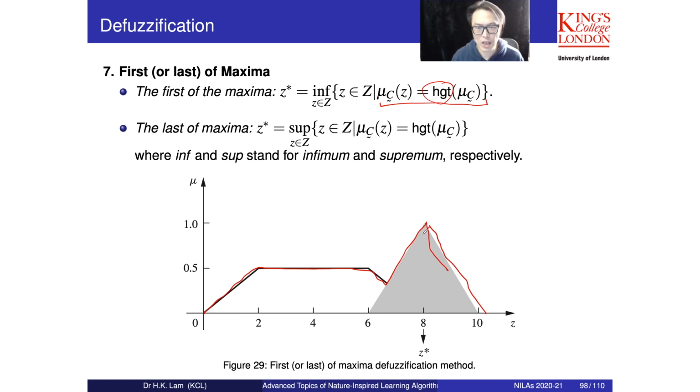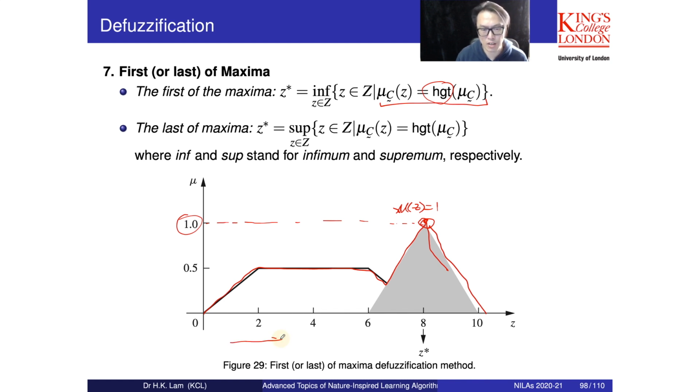So the red line, the envelope, is the output membership function we have. The maximum is only this point. When we look at this point, the y value is 1. So mu of z is 1 at this point. So for the first of maxima, when I identify this maximum point, I'm going to scan from the left, that is from smaller z value to larger.